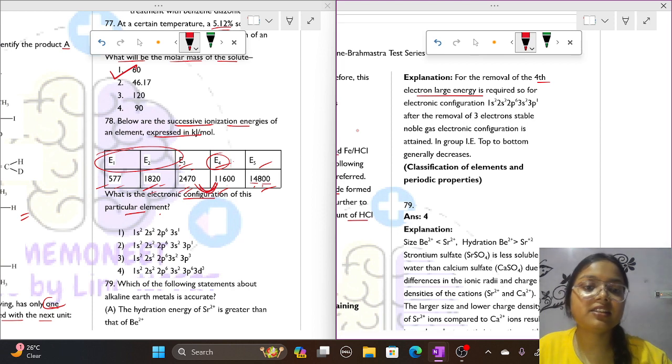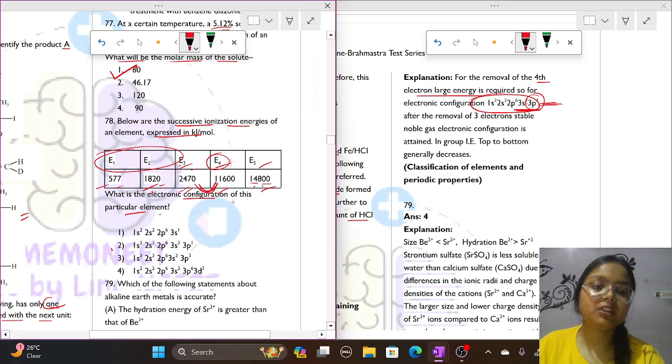So its electronic configuration will come out to be 3s2 and 3p1. Okay, 3s2 and 3p1. So for the last electron to leave, much larger ionization energy is required. Therefore, option number 2 will be the correct option, 3s2 and 3p1.